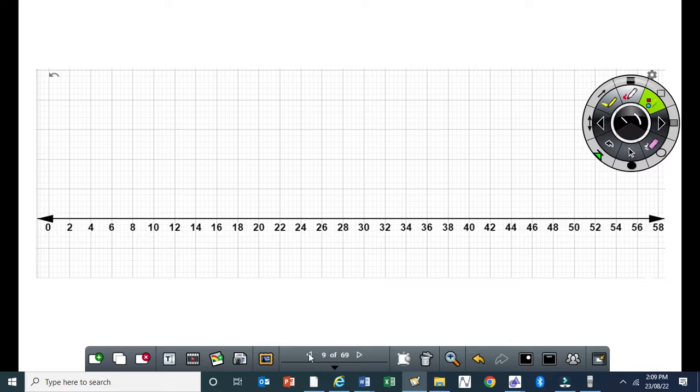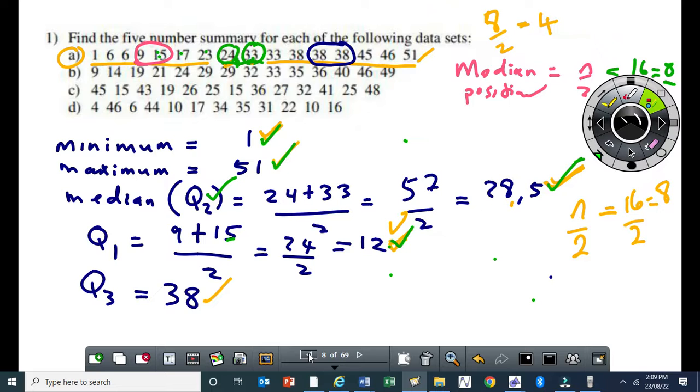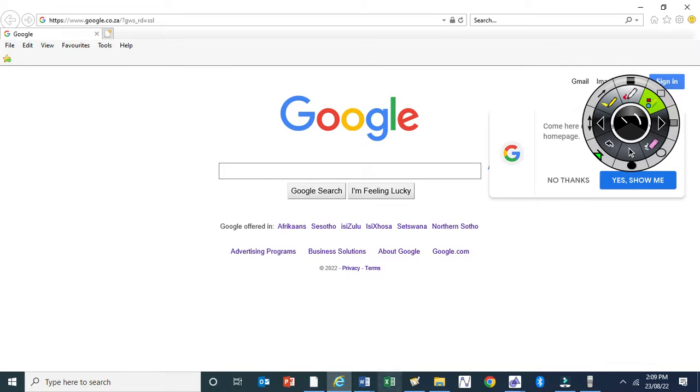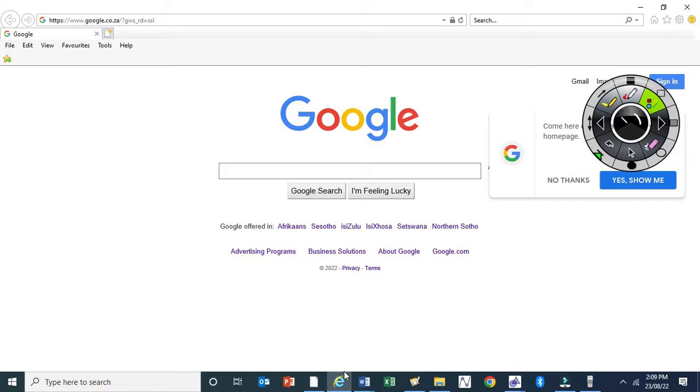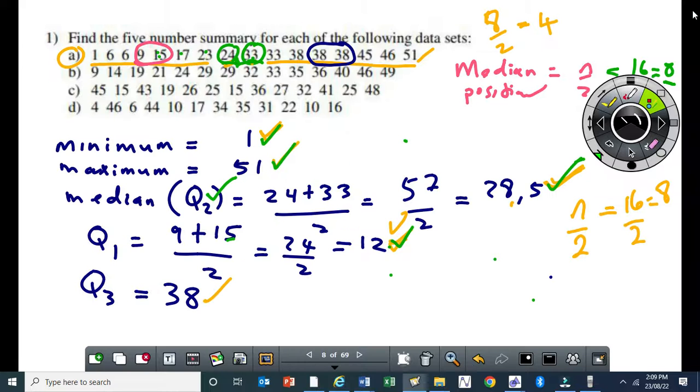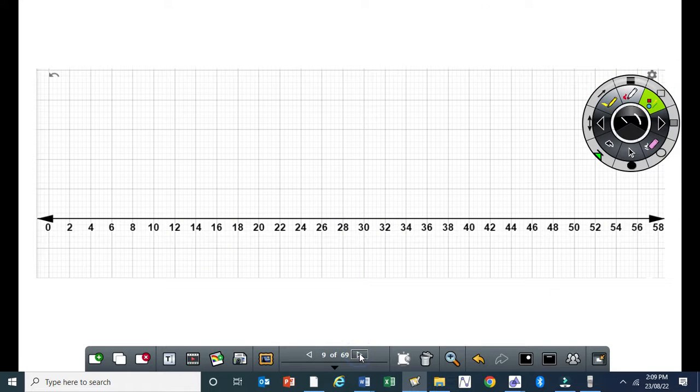So my lower quartile Q1 is 12. Okay, my lower quartile is 12. So I'll just go to 12 here.